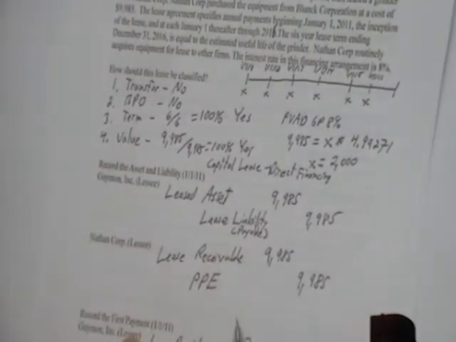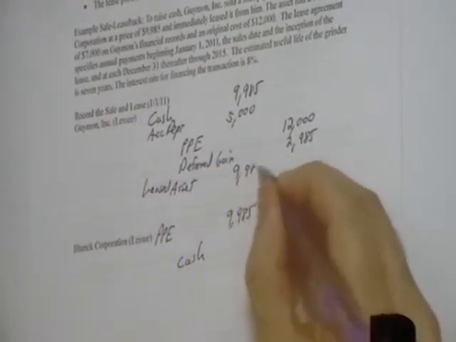So now we're going to go ahead and record the lease. Just like, if we wanted to, we could go back to that problem, and we're going to do the exact same journal entries as we have right here. So we're going to have a leased asset of 9985.